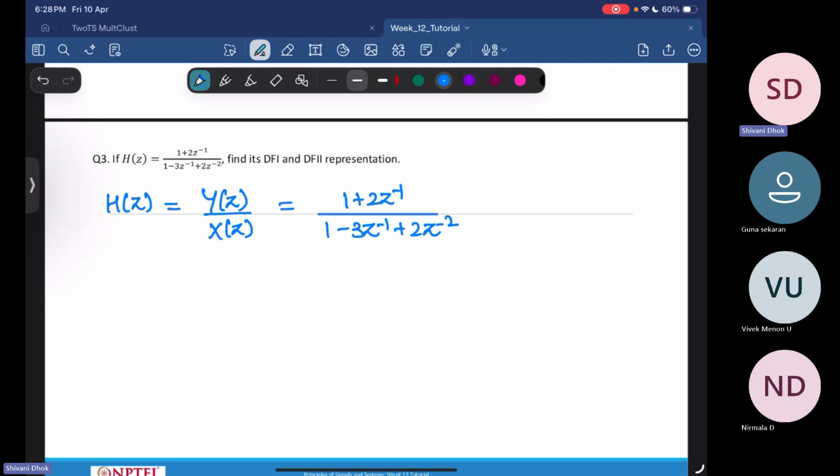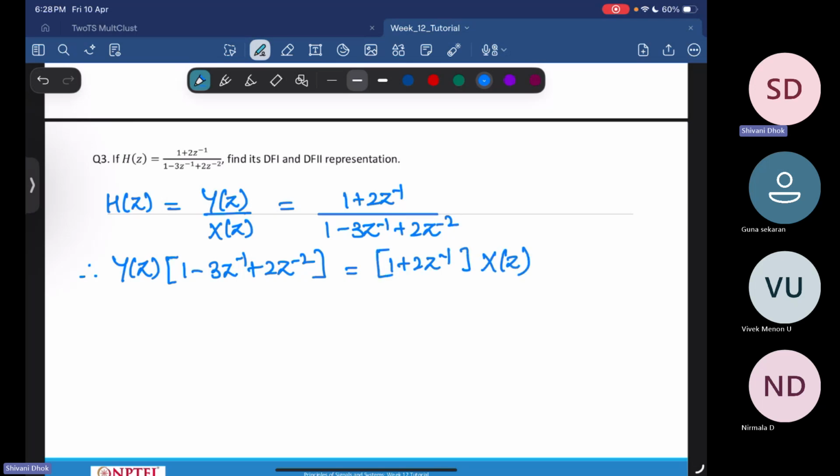Now I can cross multiply and get Y of z into 1 minus 3z inverse plus 2z to the power minus 2, which is 1 plus 2z inverse into X of z.